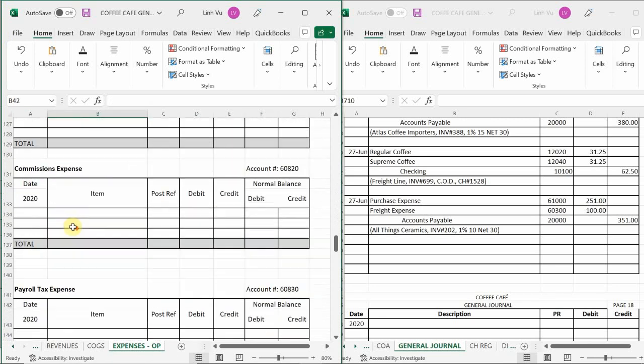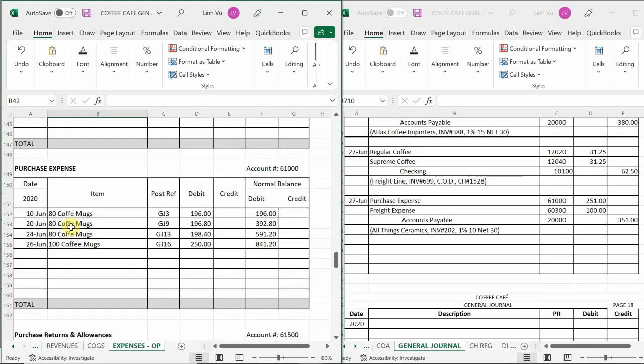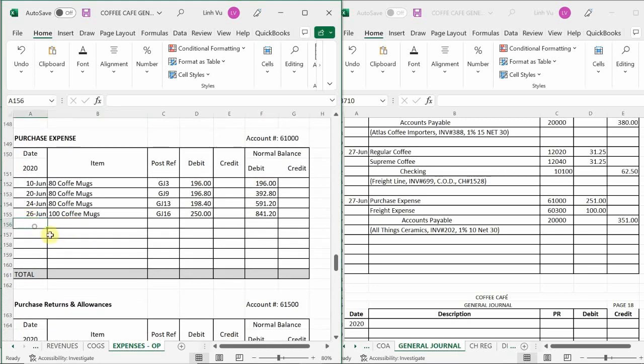Find your purchase expense. Here's my purchase expense. $100 coffee mugs, 17 for $251. So then therefore my grand total purchases of inventory is $1092.20.